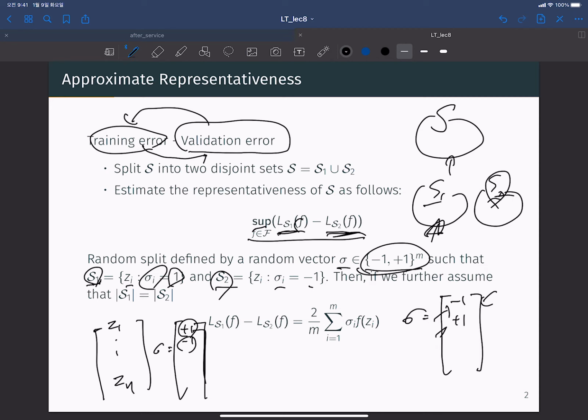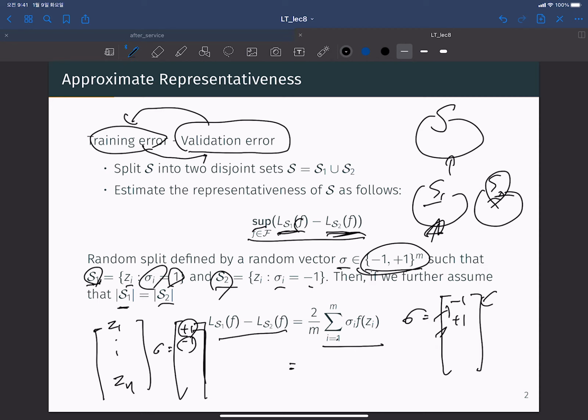Okay, then if we further assume that the cardinality of S1 and the cardinality of S2 are the same, then from the definition of this, we can say that L_S1(f) minus L_S2(f) is equal to 2 over m times the summation i=1 to m of sigma_i f(z_i).